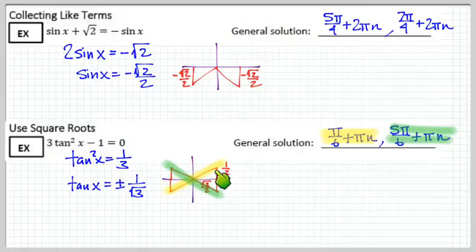Then we add pi to it again, add pi to it again, and so on. This other one over here, this is 5 pi over 6 right here. And again, we're adding pi, adding pi, adding pi as we loop around.